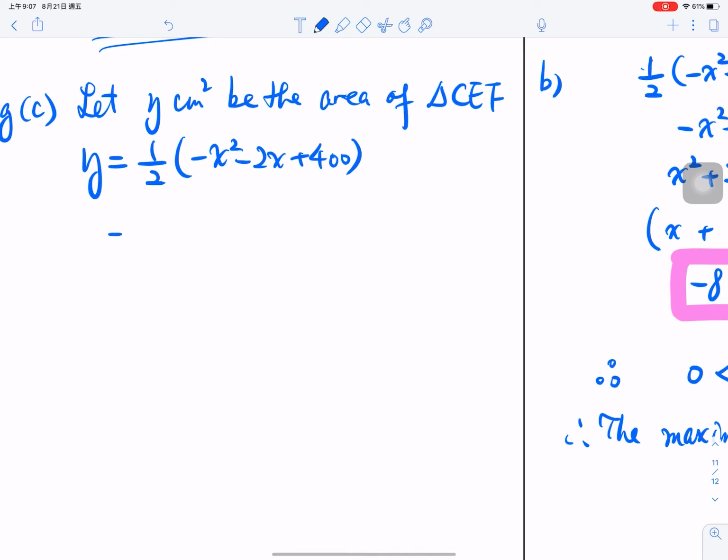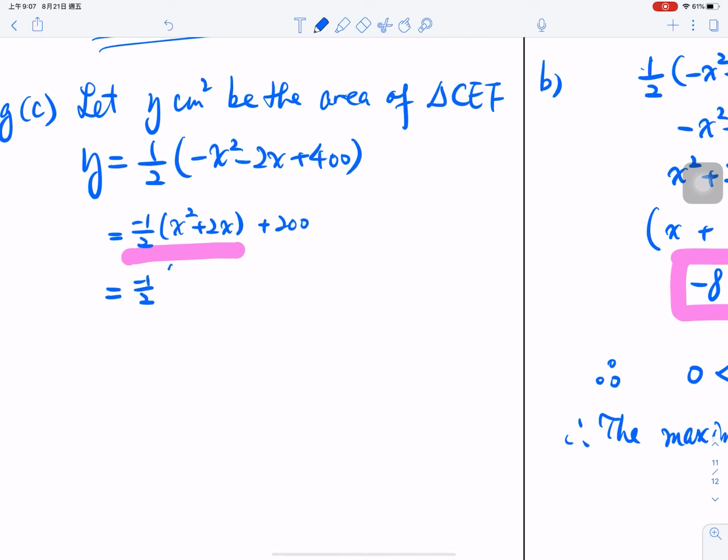Yeah, use completing square to help us this time. Okay, I write as negative 1/2 times x squared plus 2x, and then plus 200. Expand this one to the constant part. And here, how to rewrite as a completing square form?